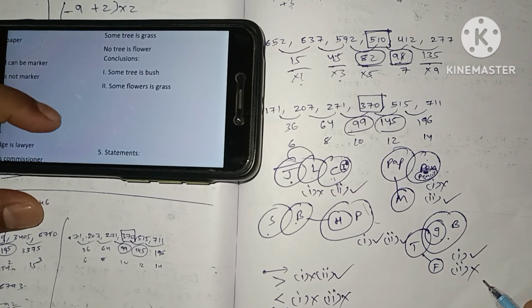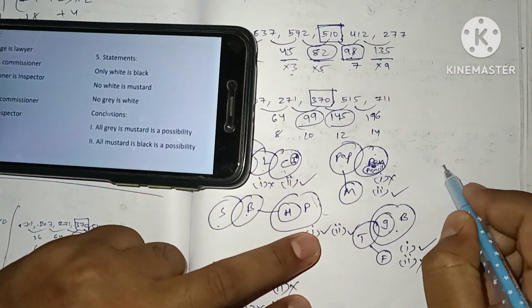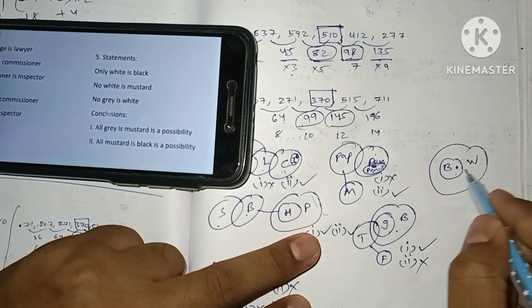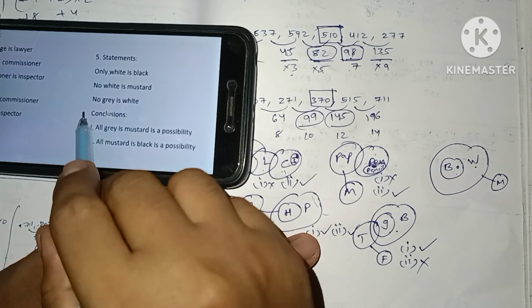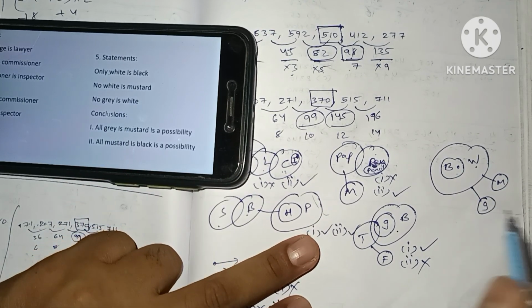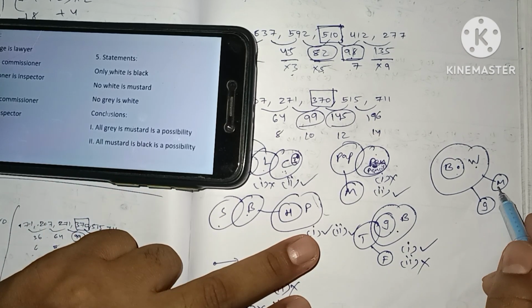Let's see final question. Fifth one. Only white is black. Means black is inside white and doesn't share with anything except white. No white is mustard. No gray is white. Let's see conclusions. All gray is mustard is a possibility. All gray can be placed inside mustard.